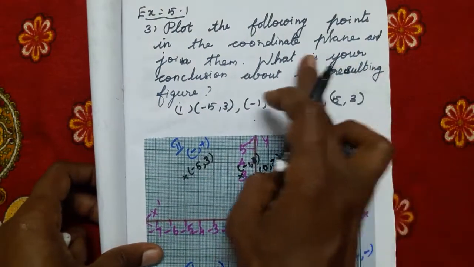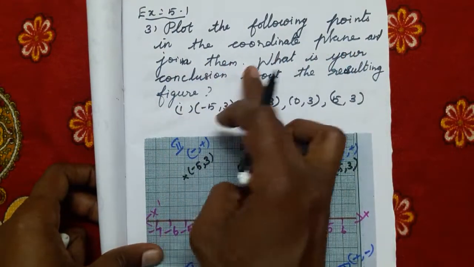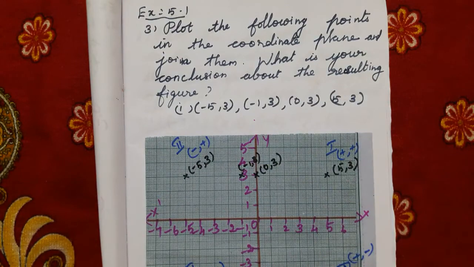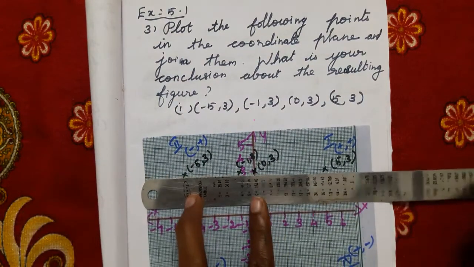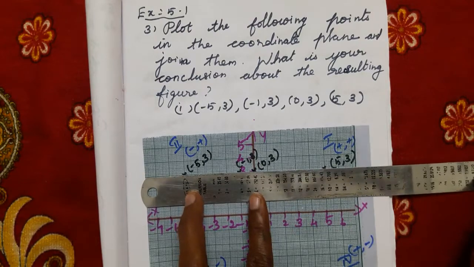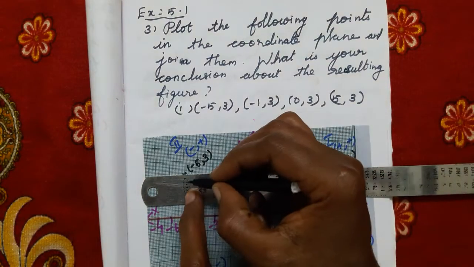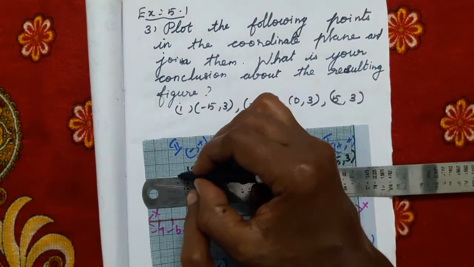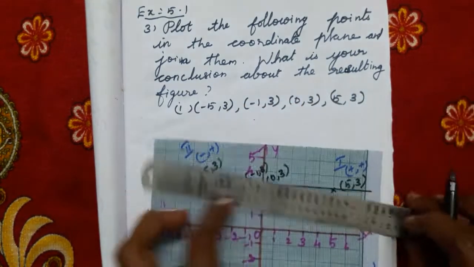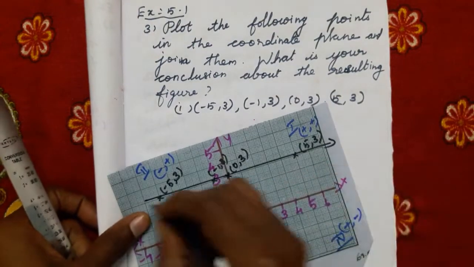Next, plot the following points in the coordinate plane and join them. We have to join it. When we are joining, what are we getting?